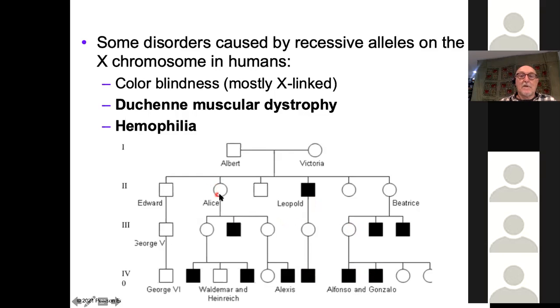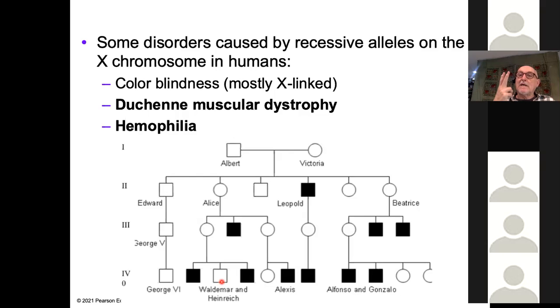Here's Alice. She's a carrier. We know she's a carrier because one of her sons is hemophiliac. Her daughters, here they are. They show none of the phenotype, but we know that they are carriers because their own male children, some of them, express. Look here and you'll see this one does not. But that's right. We expect that some of them will not.